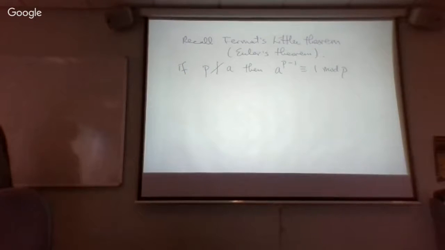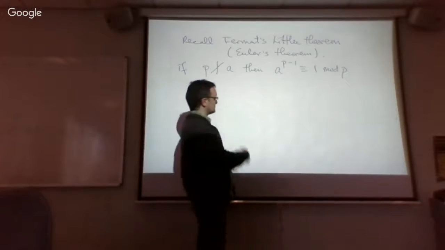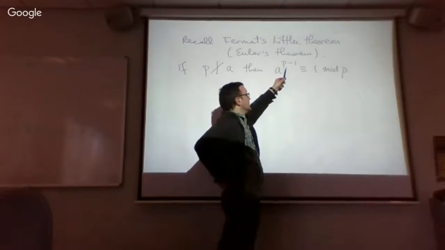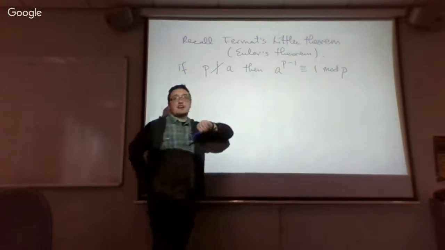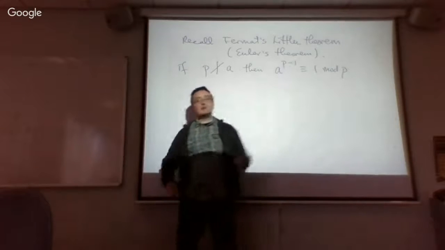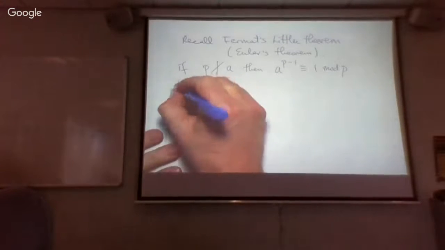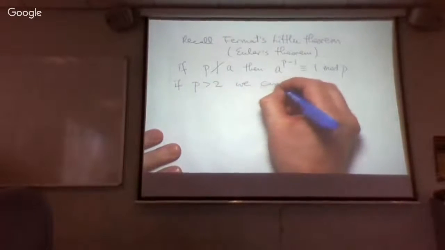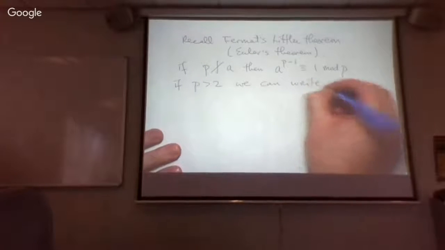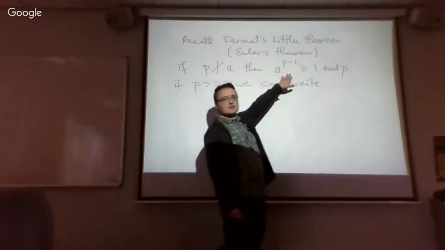Now, how might we relate this to the issue of quadratic residues? Well, if we're dealing with a prime number greater than 2, this number p minus 1 is an even number. Okay? So if p minus 1 is even, then we can immediately take the square root of this.